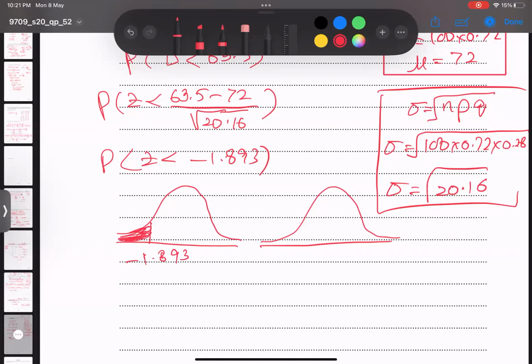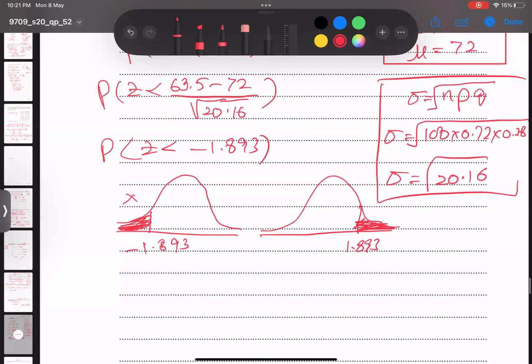If I draw the same portion on the right hand side, this area and this area are always the same because the diagram is symmetrical. So I will take this diagram. The white region is phi of 1.893, but I'm looking for the red, so 1 minus that.